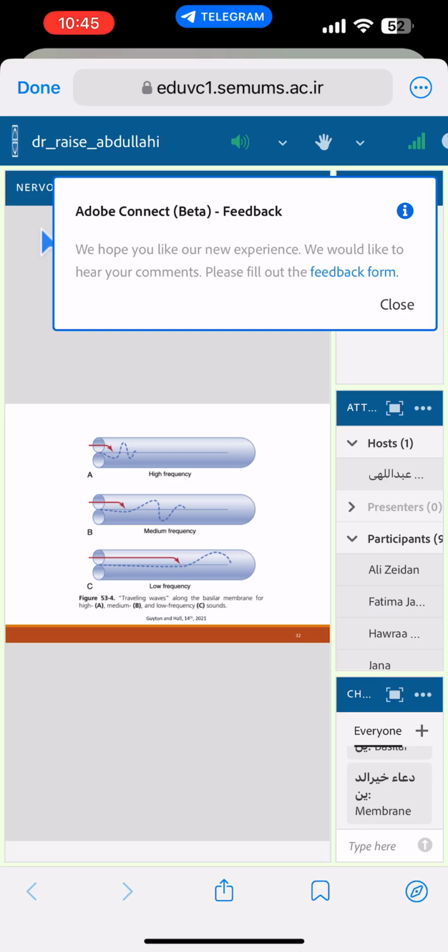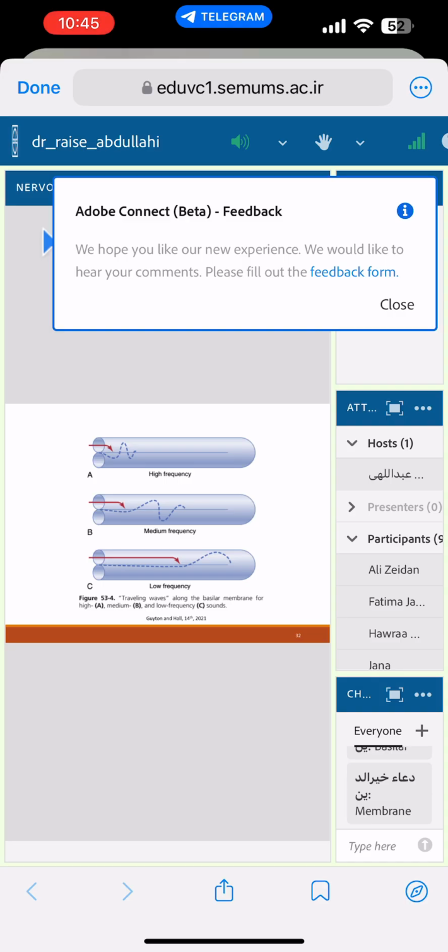Basilar membrane. Very good. And as you can see, this is a traveling wave. Sound waves reach this fluid system, which fills the inside of the cochlea, and create traveling waves on the basilar membrane.